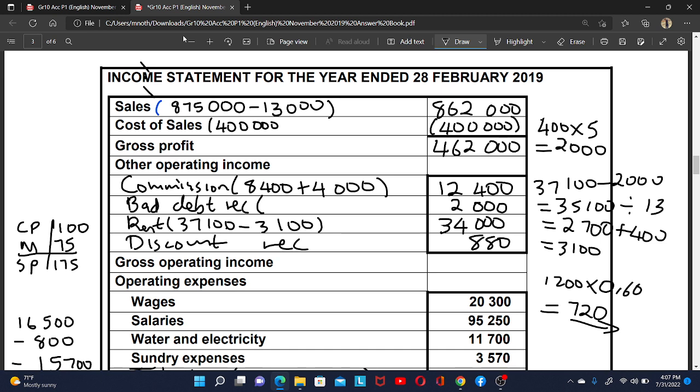The answer is 49,280 plus 462,000. The answer is 511,280.